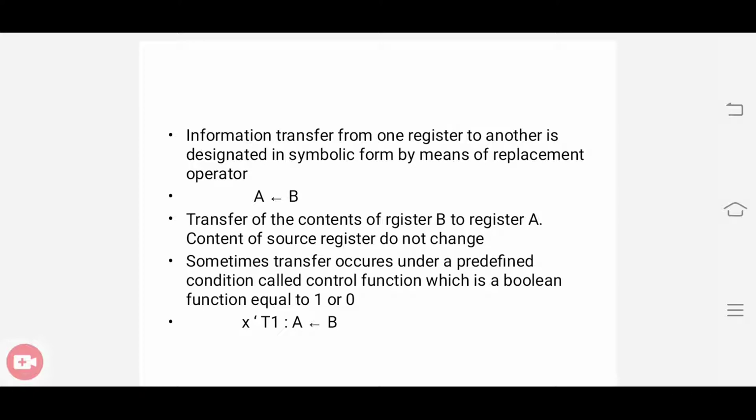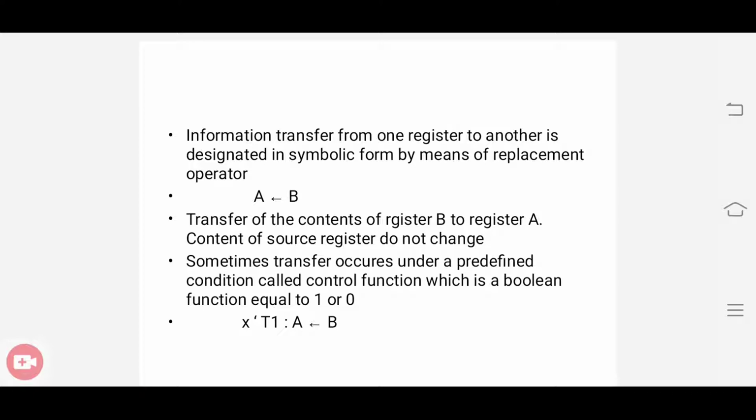And sometimes this transfer occurs under a predefined condition called a control function, and this can be represented by using xt1 colon A replacement operator B. Its meaning is that the content of B is transferred to the content of A at time t1 with the control signal x.